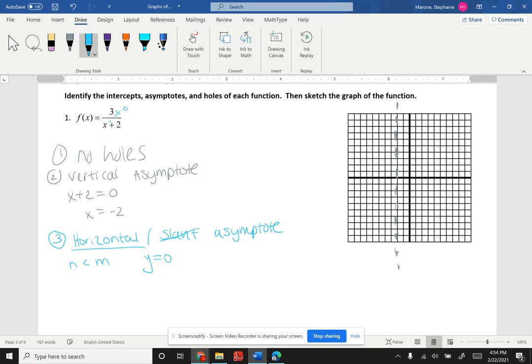So it's a horizontal asymptote, not a slant asymptote. So that's at y is equal to 0, which is here.